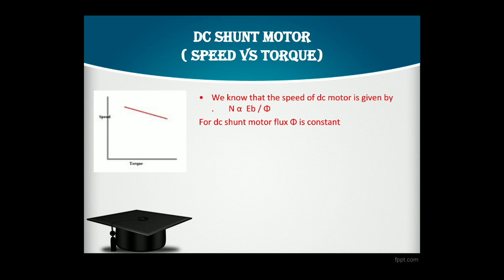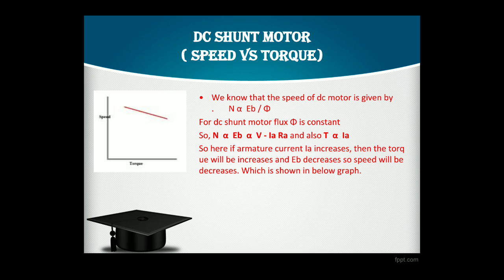For DC shunt motor, flux phi is practically constant. So N is proportional to Eb, which is proportional to V minus IaRa, and T is proportional to Ia. So if the armature current is increased, that means if the load is increased, then the torque increases and Eb decreases, so the speed decreases, which is shown in the graph below.